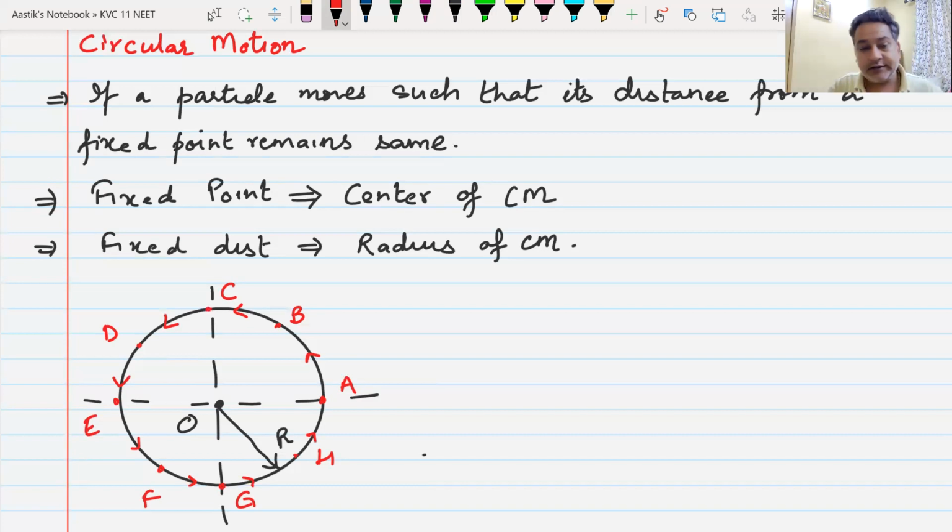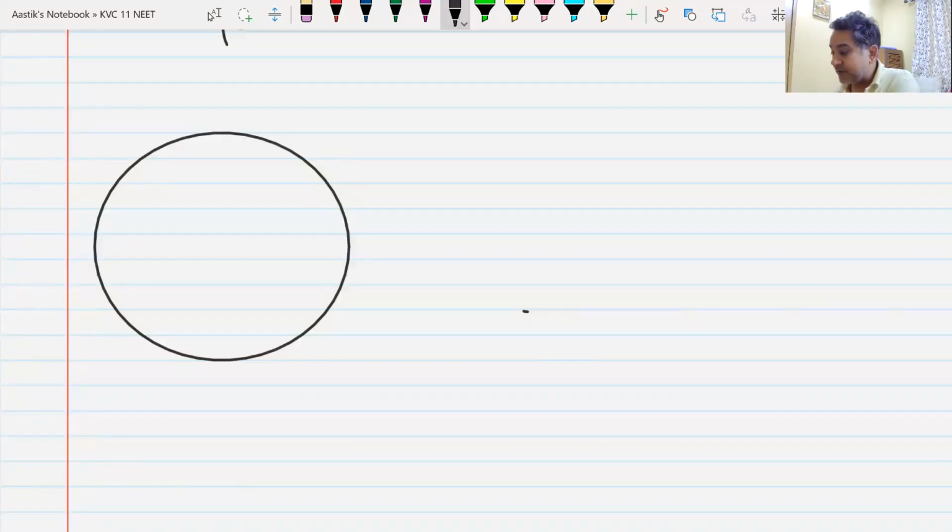Now, how are we going to find out where the particle is at any point in time? How do you know its position? How can I find the position of a particle following circular motion?